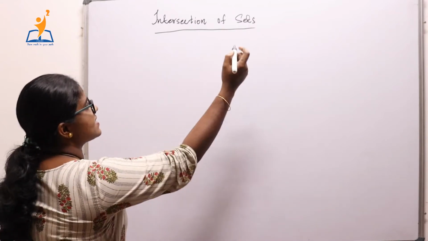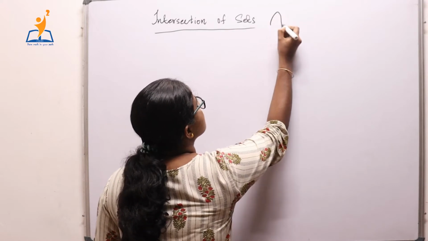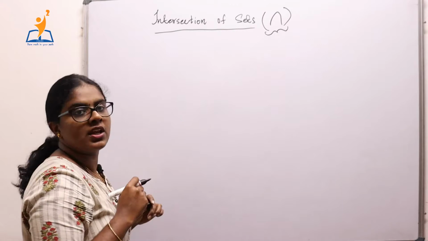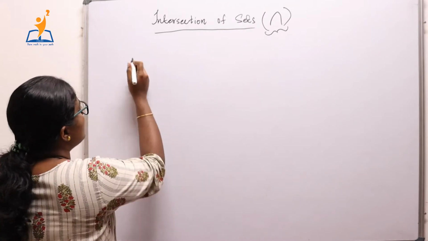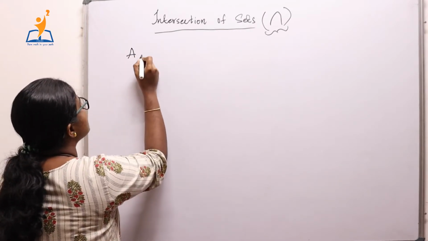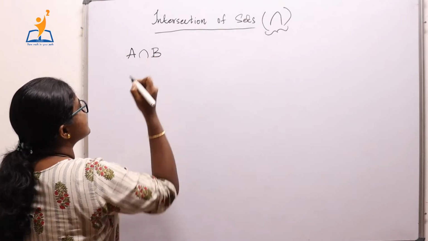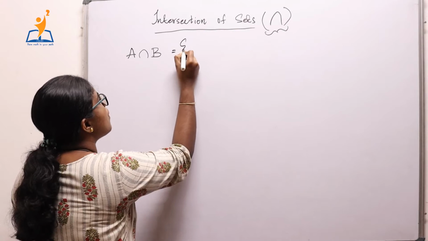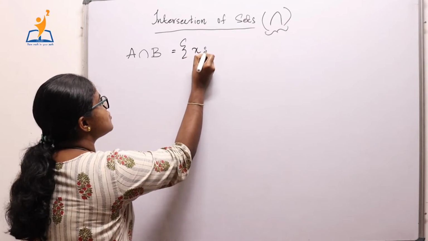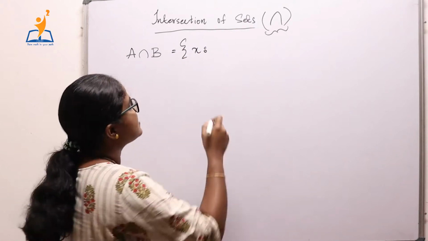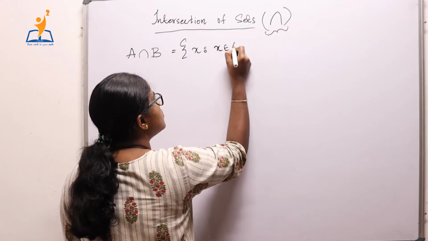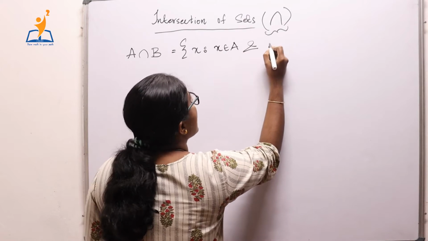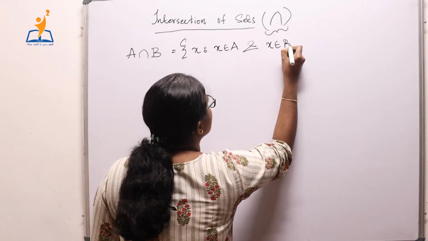Intersection is denoted using this symbol. Now, when two sets A and B intersect, the intersection contains the set of all x such that x belongs to A and x belongs to B also.